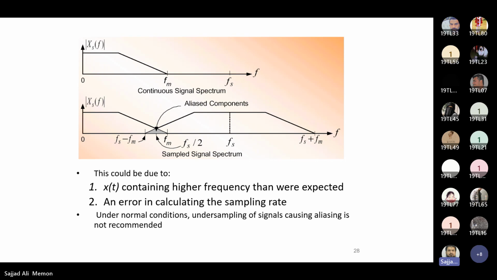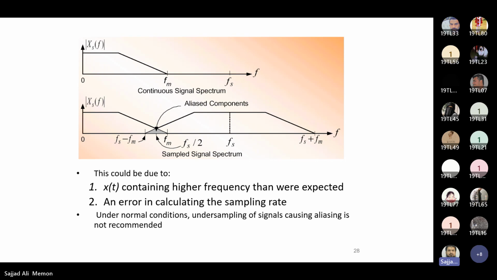Now this could be due to x of t containing higher frequency than was expected, or an error in calculating the sampling rate under normal conditions. Undersampling of signals, causing aliasing, is not recommended.